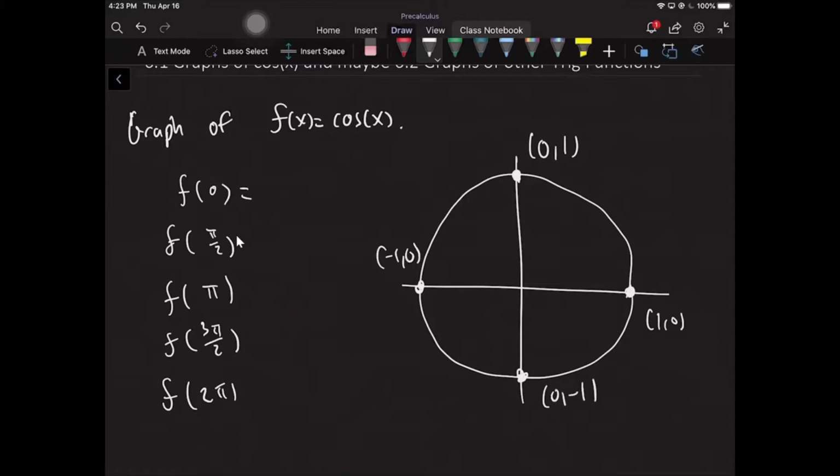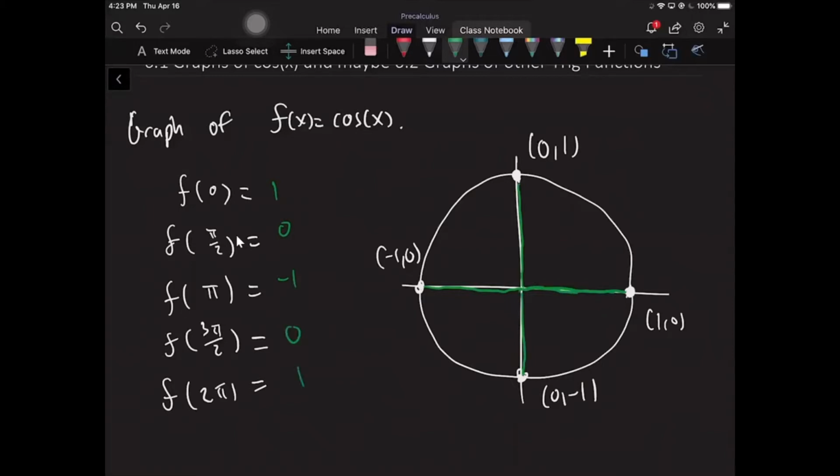So cosine is the x coordinate at each angle. So the x coordinate of the 0 degree angle, this guy, that's just 1, and then the pi over 2 angle, 0, the pi angle gets you negative 1, and then 0, and then back to 1.